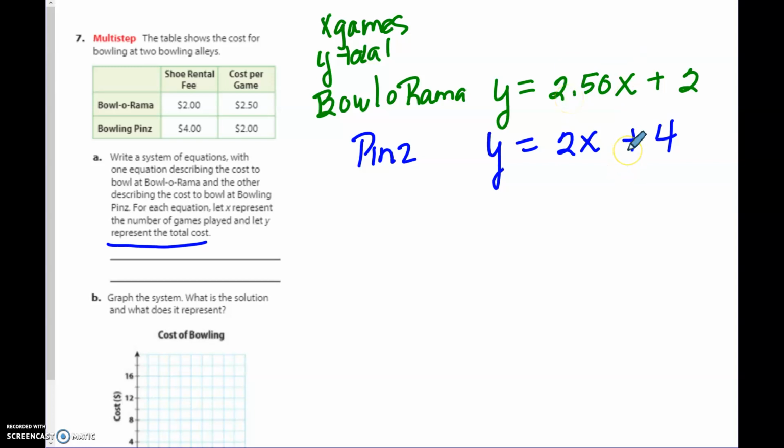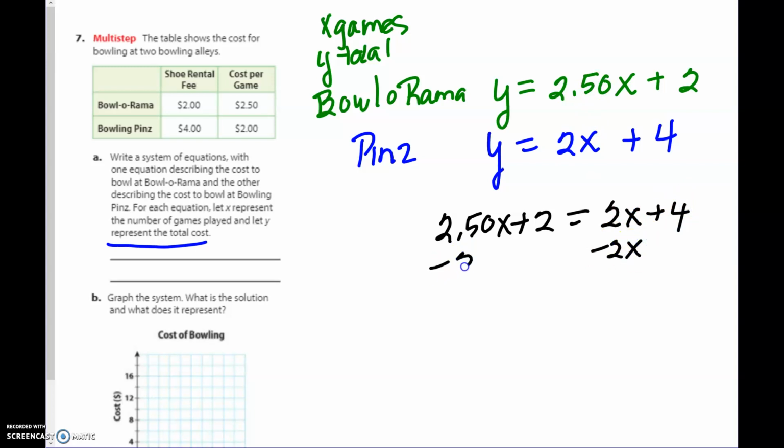Could I just use substitution? I've got y equals. So can't I just use substitution and say $2.50x plus 2 has to equal 2x plus 4? They want to know when these two things are going to be equal. So let's subtract 2x from both sides, which gives us 0.50x plus 2 equals 4.